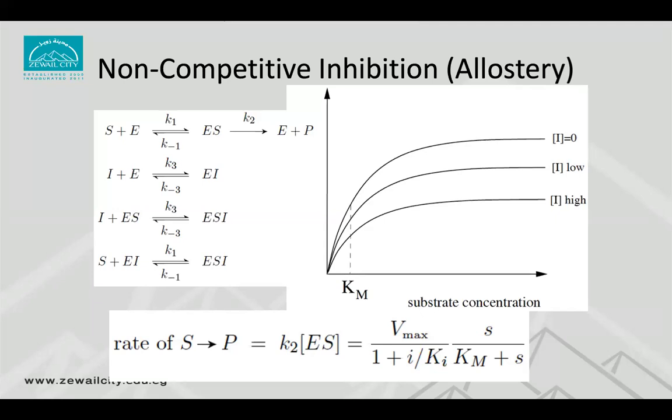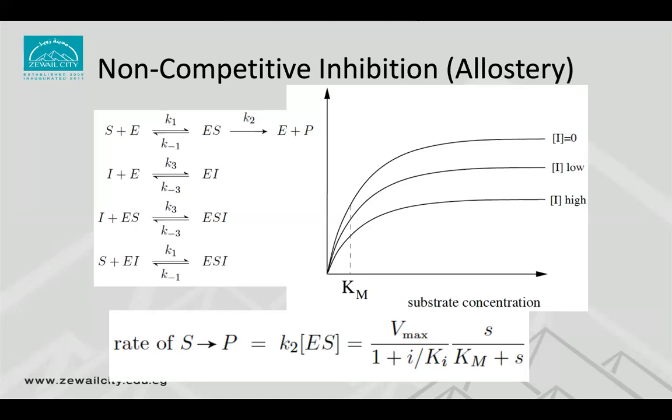Then we looked at the Michaelis-Menten method, and we saw this curve where for a low concentration of substrate, we have a linear rate with substrate concentration, and then it levels off.